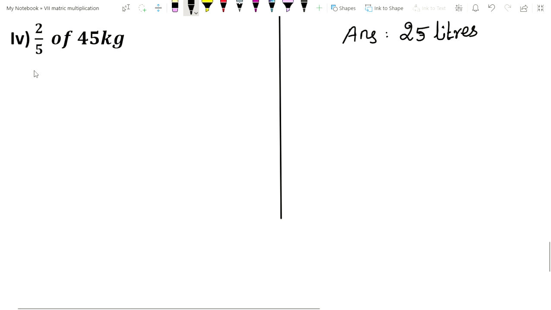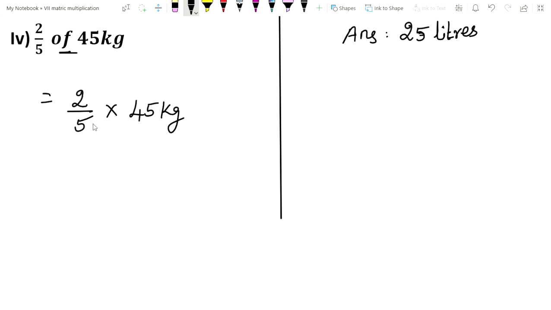Fourth one, 2 by 5 of 45 kilograms. So 2 by 5, replace this into 45 kilogram. 5 ones are 5, 5 nines are 45.